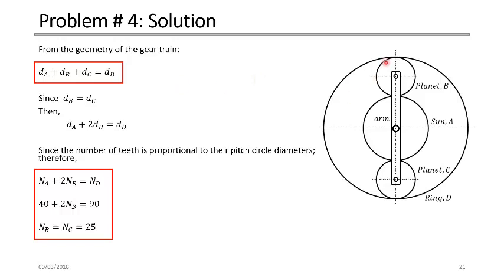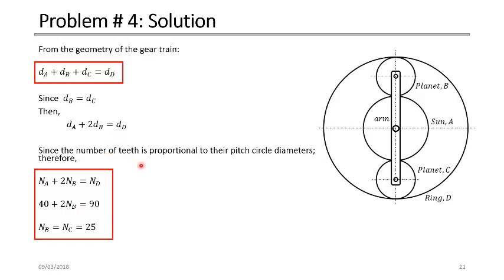If you look at this geometry, you will find that if you take the diameter of the sun gear, add the diameter of the planet gear B, and add the diameter of the planet gear C, these three diameters are equal to the diameter of the ring gear D. So dA plus dB plus dC is equal to dD. Planet gears B and C are identical, so the diameters are the same. This equation simplifies to dA plus 2dB is equal to the diameter of the ring gear.